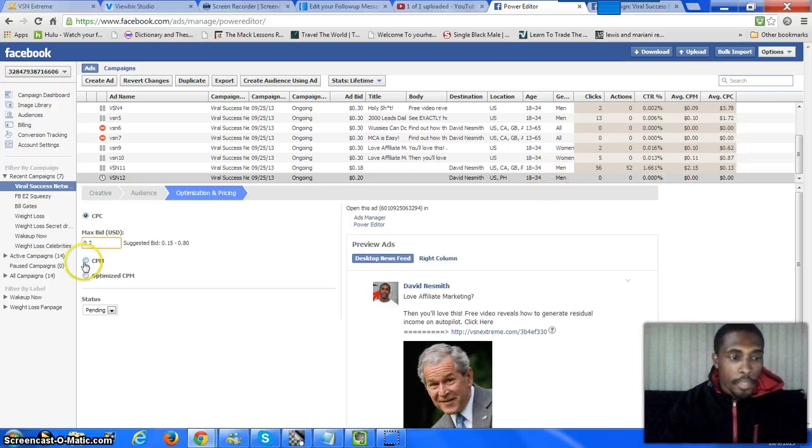But if you use CPM, cost per impression, your cost per click is going to be even more expensive. So I always use CPC, and I always put about 5 cents more than the lowest suggested bid. So that's my little secret strategy that I use to get lots of leads and lots of sales for my business.